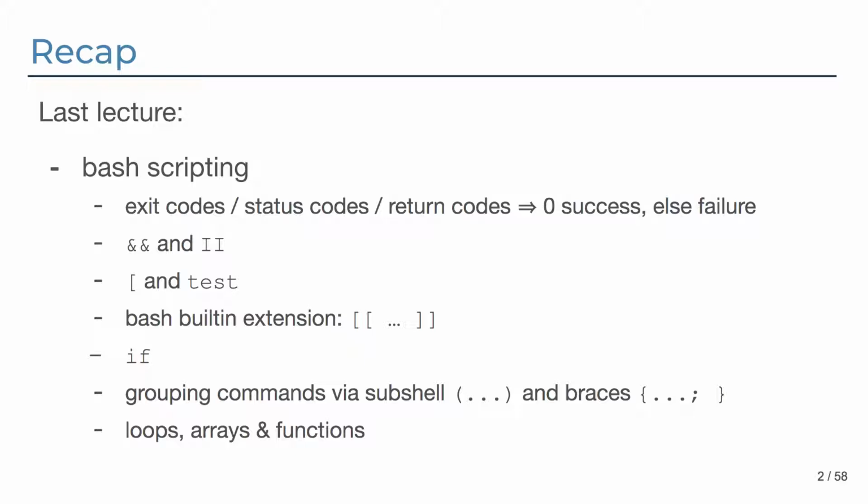We also spoke a little about how to group commands using a subshell, which is the single parenthesis, and how this connects to the dollar sign and the subshell. And also how we could execute a bunch of commands in our current shell environment using curly braces. And the last one was a little about loops, arrays, and functions.